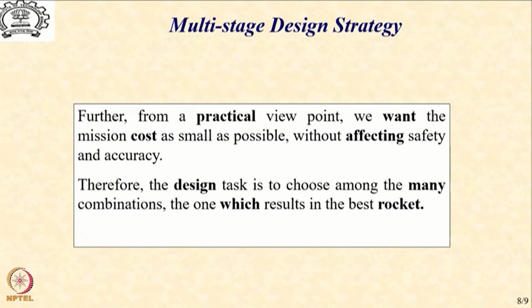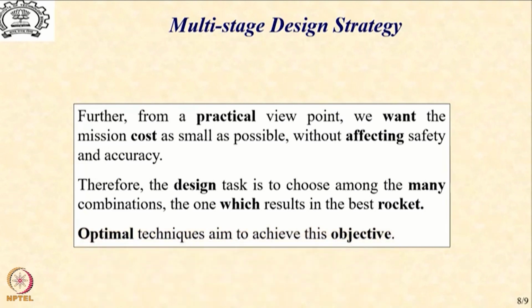So the design task in a nutshell is to choose among the many combinations of pi i's which all satisfy the constraint and also result in the best rocket for a given mission. This is going to be our overall objective in arriving at the configuration design of a multi-stage rocket.